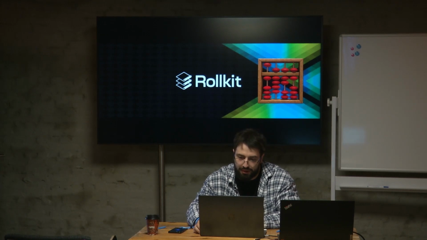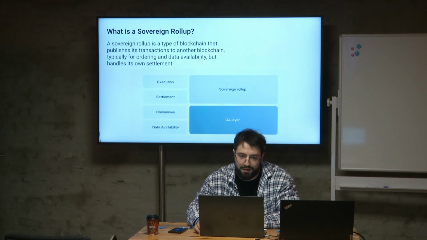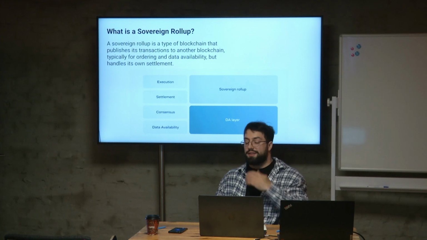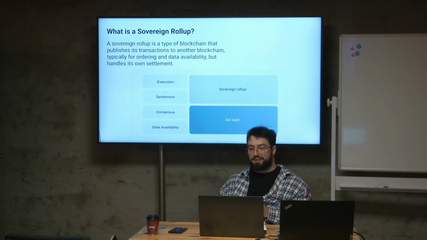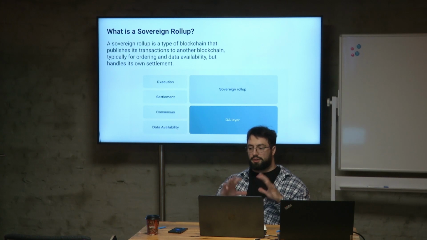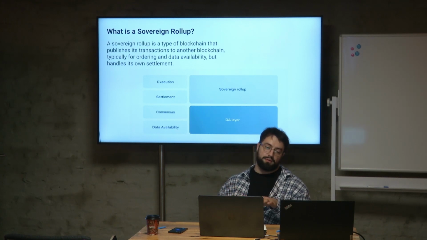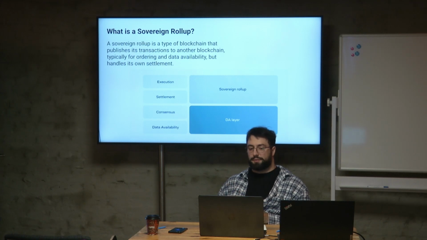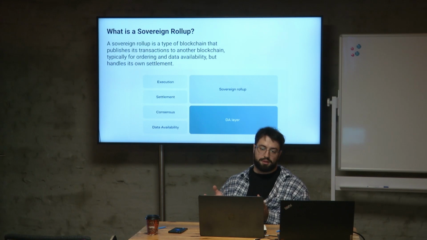So let's talk about Rollkit. First, I think everyone knows what a sovereign rollup is at this point, but I just want to emphasize one more time. The whole modular paradigm is to decouple the execution from the consensus. And usually we separate four different levels: execution, settlement, consensus, and DA, data availability.